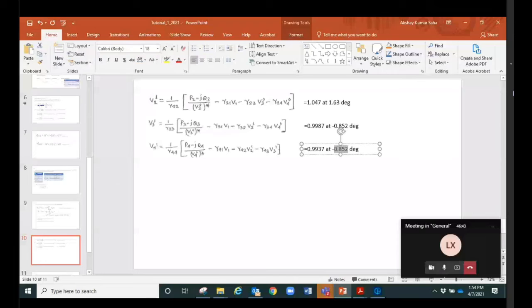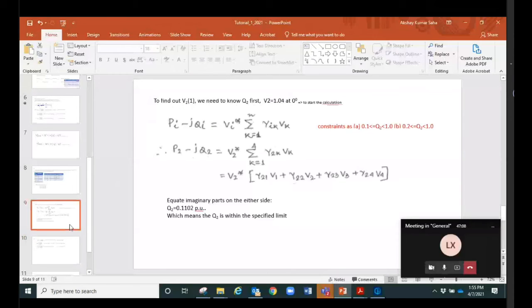1.72. So that's the V41. That's the first part. And what we did in this one, we did not know the Q2 value. So what we did, we used the PQ equation, meaning P plus jQ if it is V I conjugate, but we are using V conjugate, so it's P minus jQ.